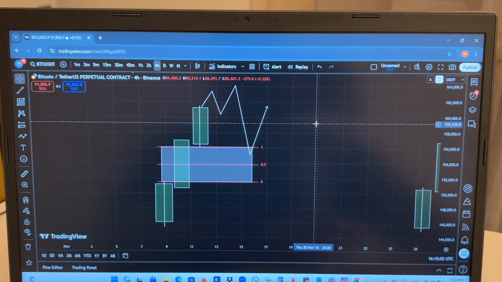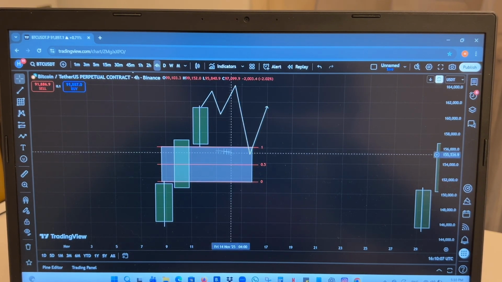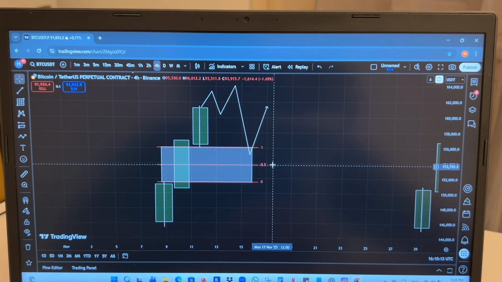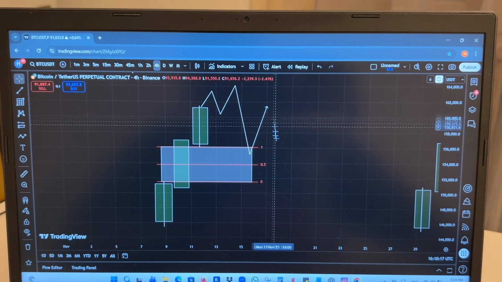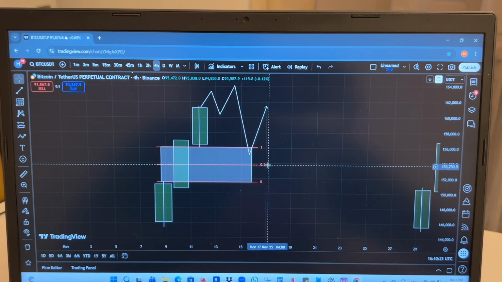We do not take trades. We do not consider this an invalid FVG. We still keep in mind that the market has not yet broken the 0.5 level. So we wait patiently until it hits this 0 and 0.5 level.